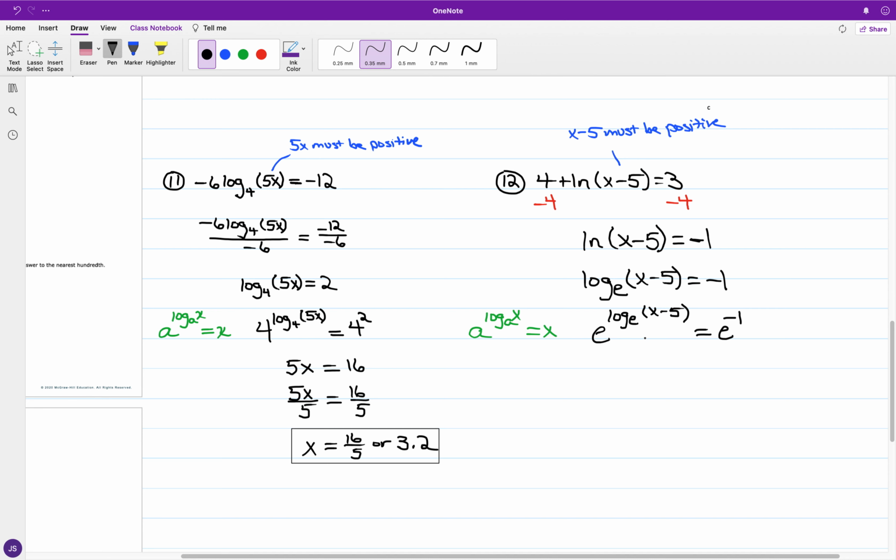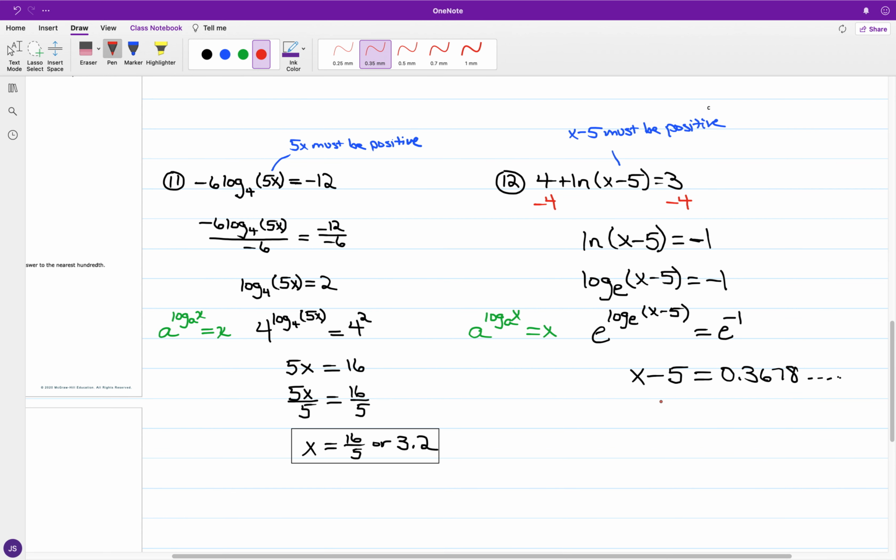The left hand side becomes x minus 5. And e to the negative 1 is a decimal; among the first digits we have 0.3678.